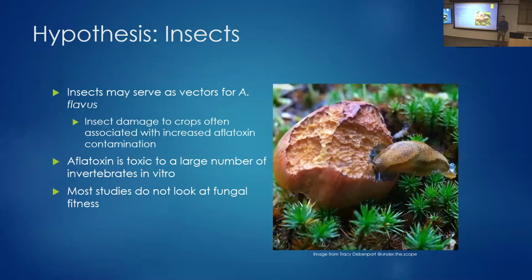There seems to be a lot of this kind of interaction where invertebrates are trying to eat fungi. So we decided to look at whether aflatoxin production through interference competition would allow it to claim the resources that we give it better than its non-aflatoxigenic counterparts.